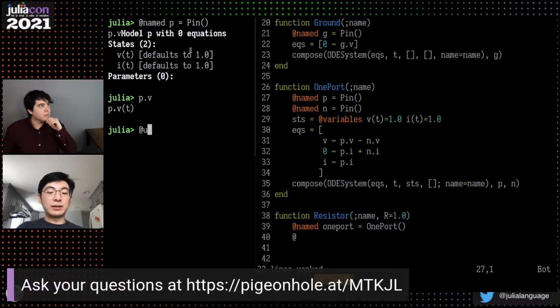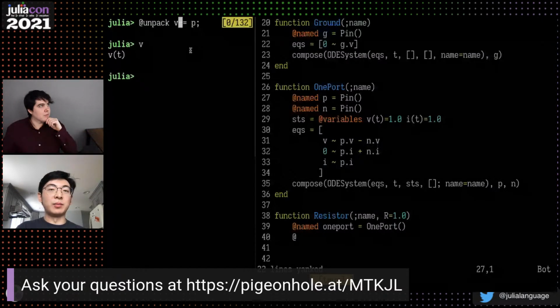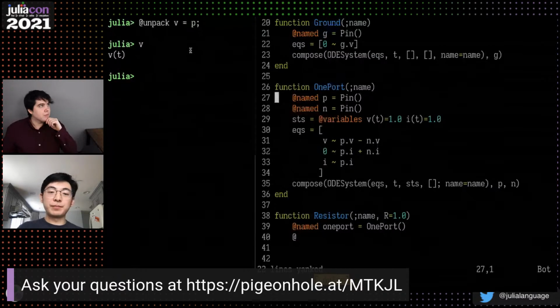The way that we get the v variable exactly is using the unpack macro. Yep. And so now we have the v that is exactly the same variable from the component p.